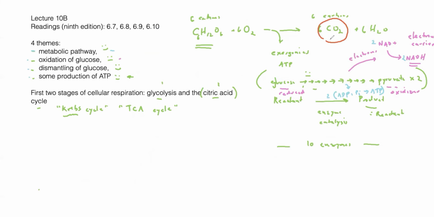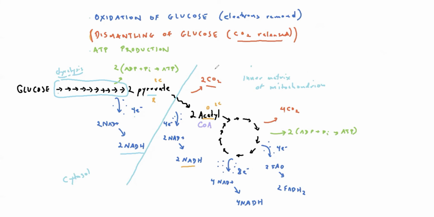We expect to have 6 molecules of CO2, and 2 of them are coming off in this transition between pyruvate and the acetyl group. The other 4 are going to be coming off in the citric acid cycle. And so between the citric acid cycle's 4 CO2 and the 2 CO2 that happen before, we're accounting for the final dismantling of glucose and the release of the CO2.